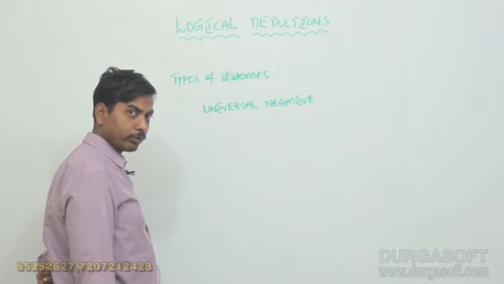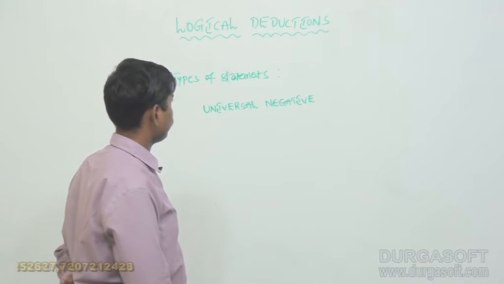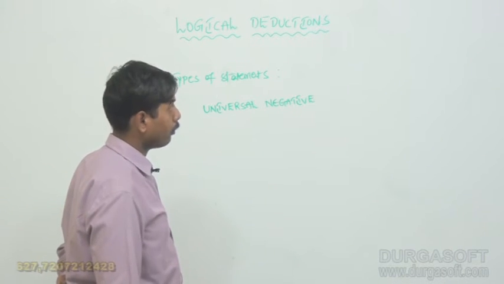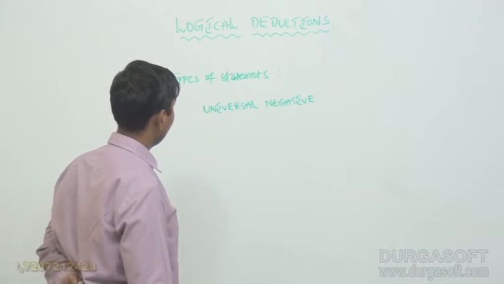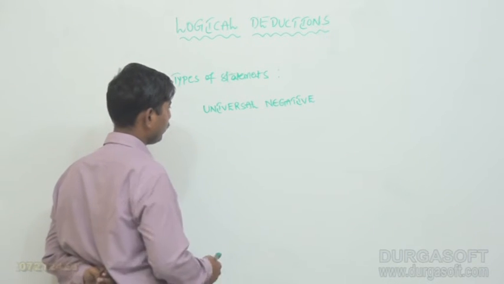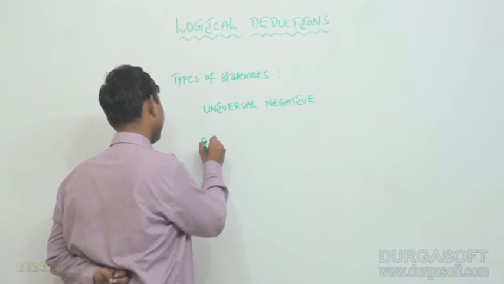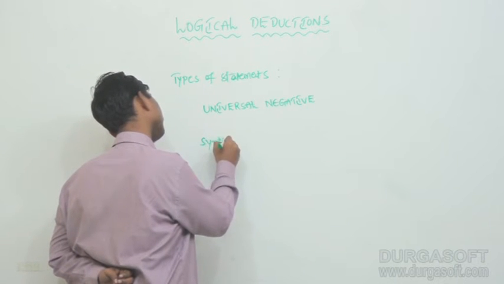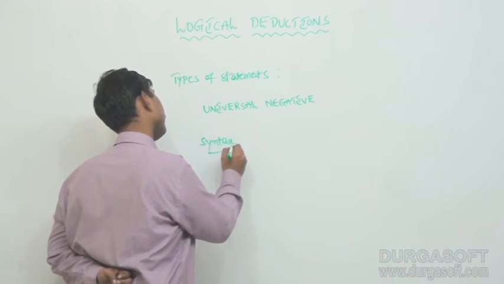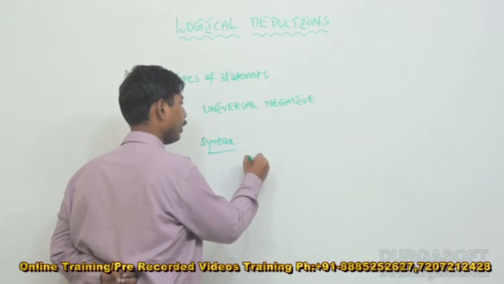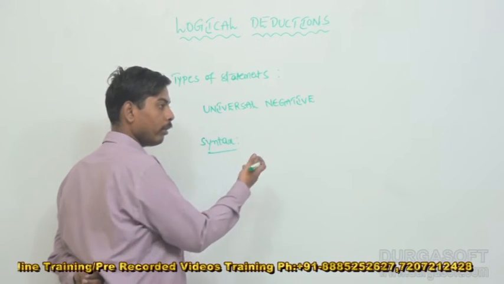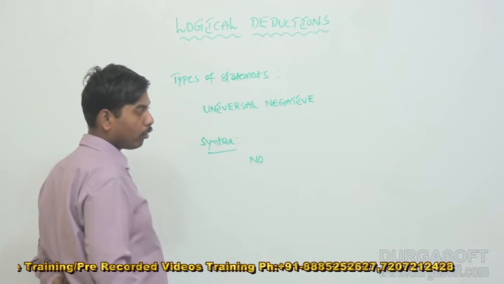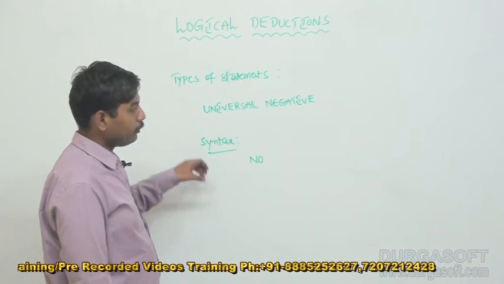Universal negative is also one of the statements available in this topic. The syntax for this statement is a statement starting with the word "no". That type of statement we call universal negative.